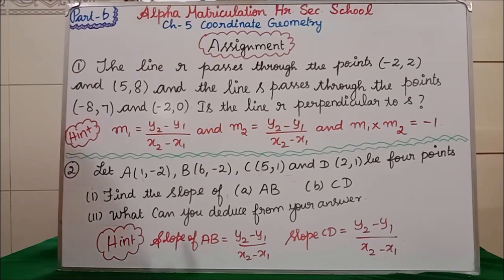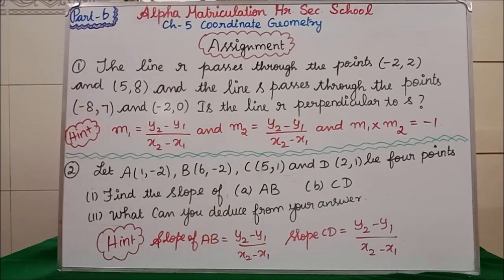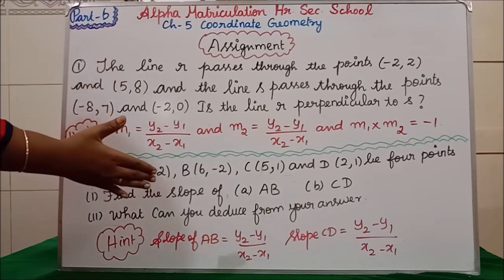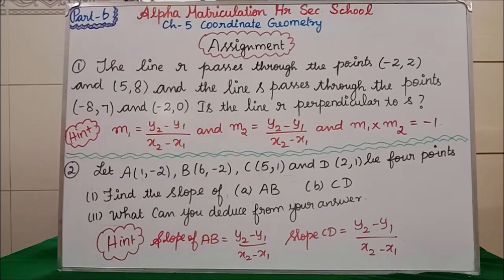Otherwise, if you are getting m1 into m2 equal to minus 1, then AB and CD are perpendicular, like that you have to write. Clear all of you? But in this second subdivision, AB and CD will be parallel only. What answer you are getting for AB, the same you will get for CD also.